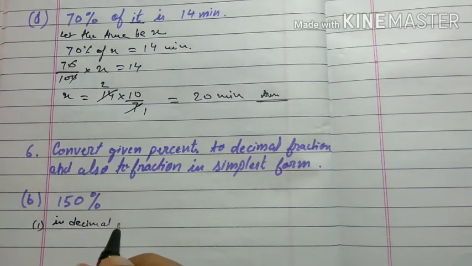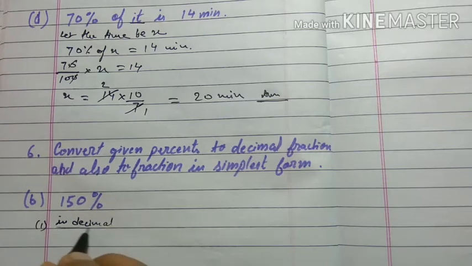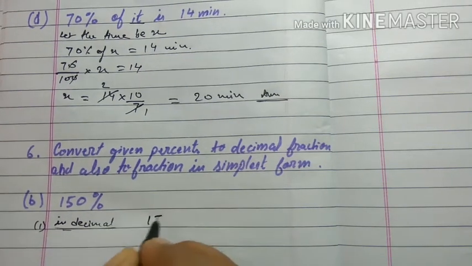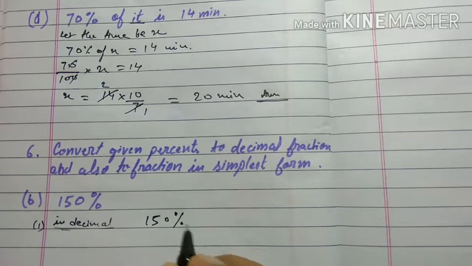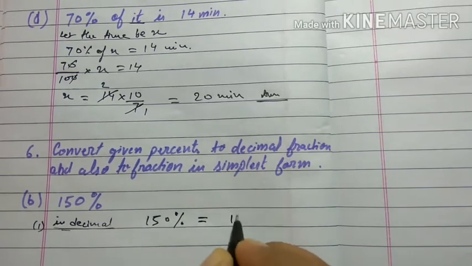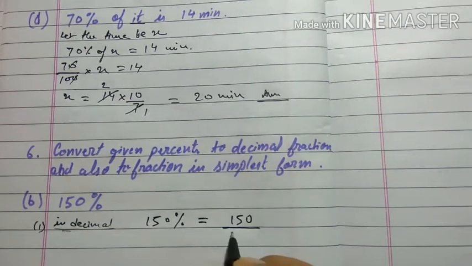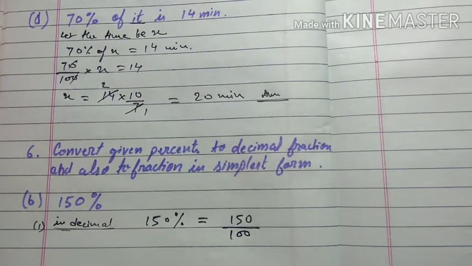150% is equal to 150 upon 100. If any number is divided by 100, we only shift the decimal point towards the left. How many places should it be shifted?